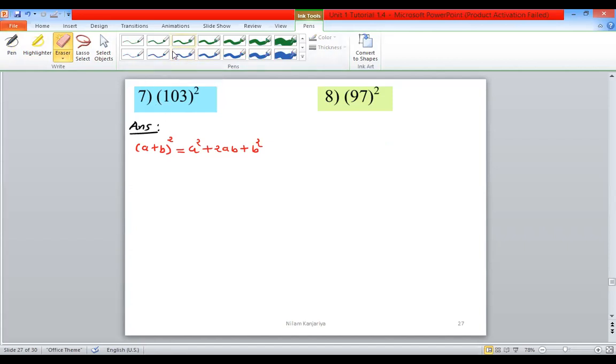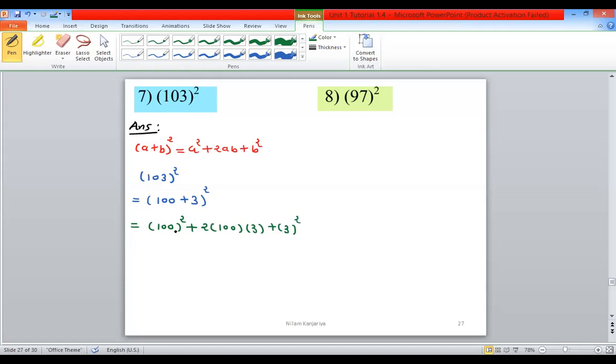So let's start. This is your 103 whole square. I'm taking 103 written as (100 plus 3) whole square. Compare this with the equation: your a is 100 and b is 3. By the identity, first term square plus 2 into first term into second term plus second term square.